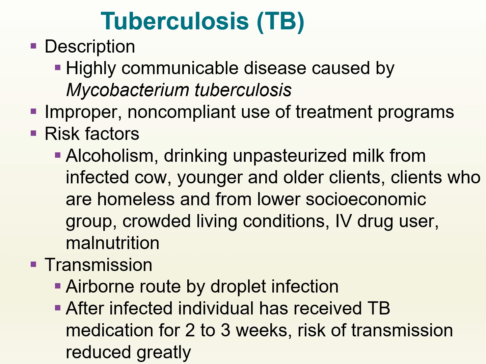Risk factors for the disease itself are alcoholism, drinking unpasteurized milk from an infected cow, being either a younger or an older person, being homeless or from a lower socioeconomic group, living in crowded conditions, being an IV drug user, suffering from malnutrition, and being from foreign countries.